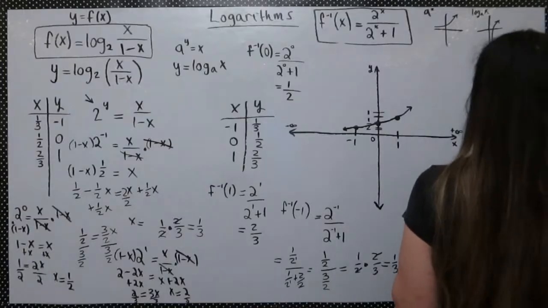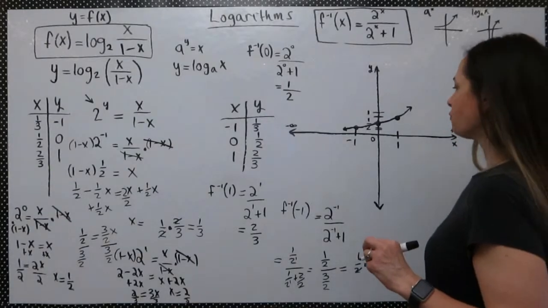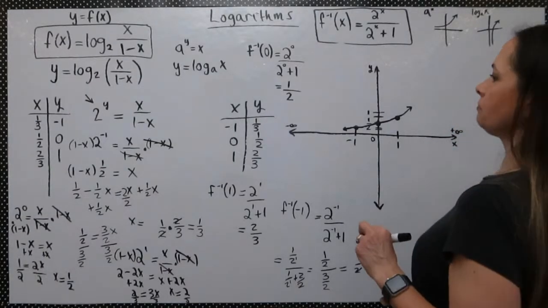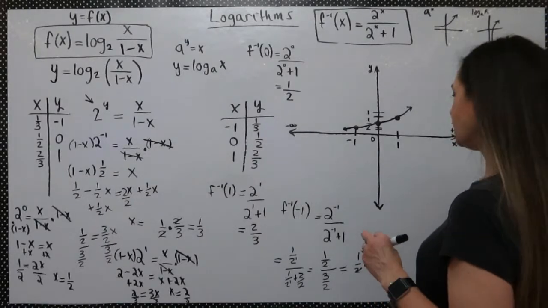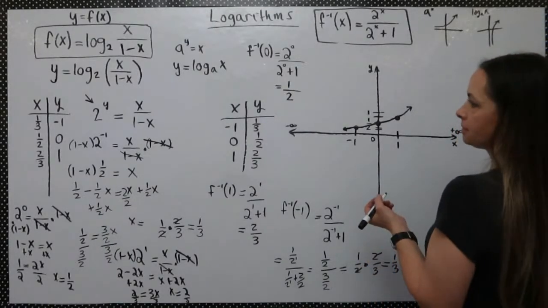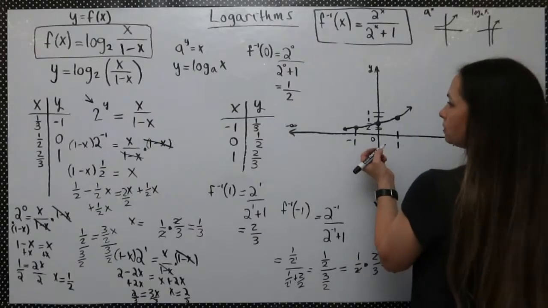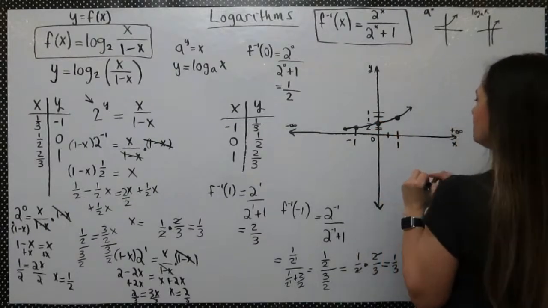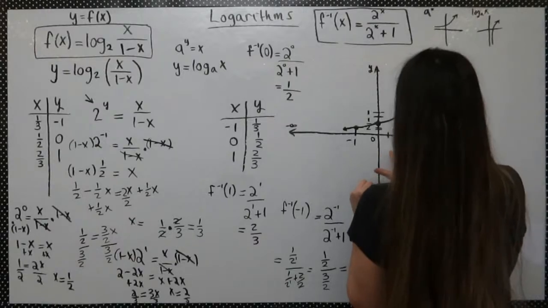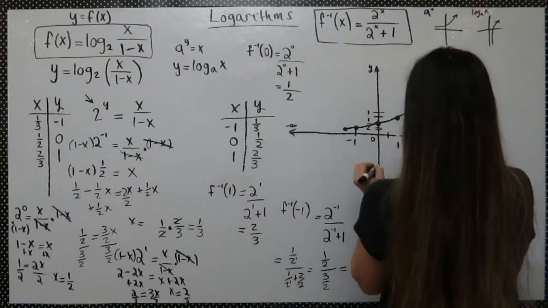So let's go ahead and sketch this graph real quick. And we'll start with 1/3, -1. So when x is 1/3, let's see, we'll say that's 1/2. And I think it's not very symmetrical here, so I think I can actually fix this a little bit.